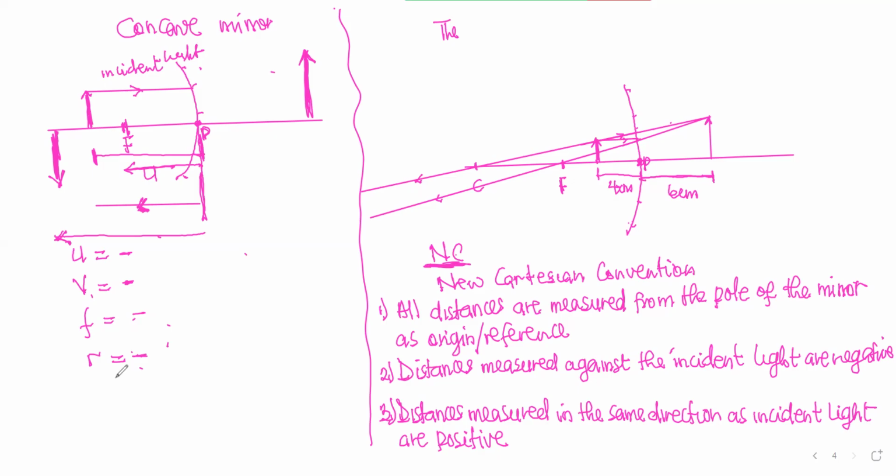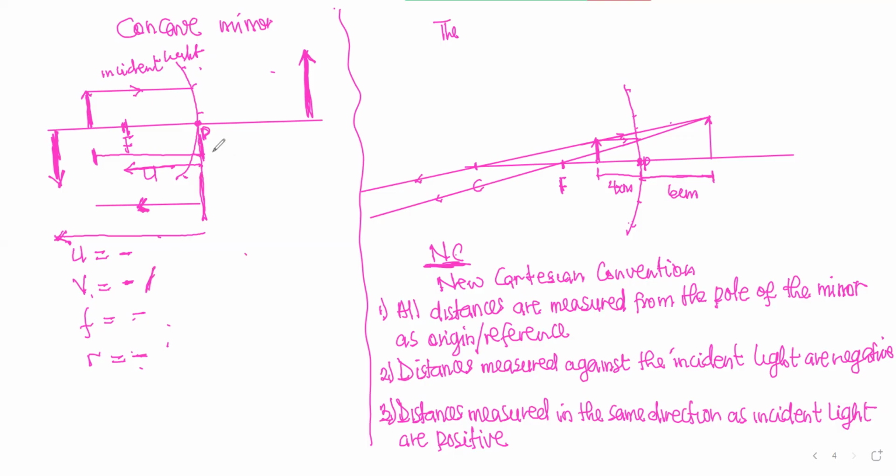So under this convention, for concave mirror in particular, U and F and R will be negative. However, V will depend on the nature of the image formed. If the image formed is real, V will be negative.